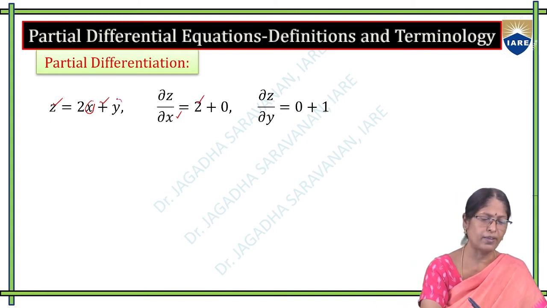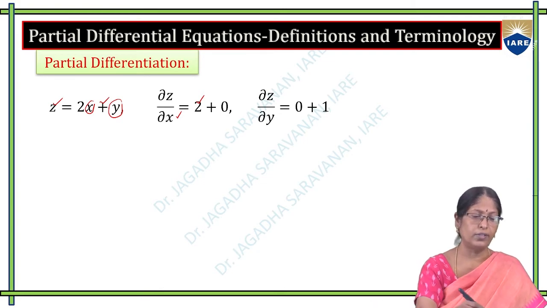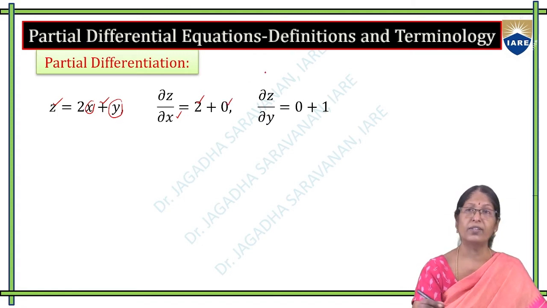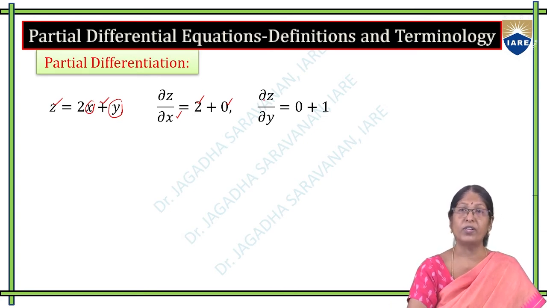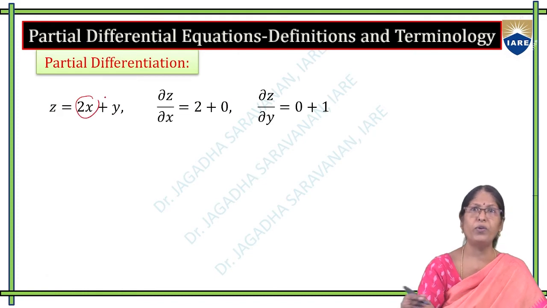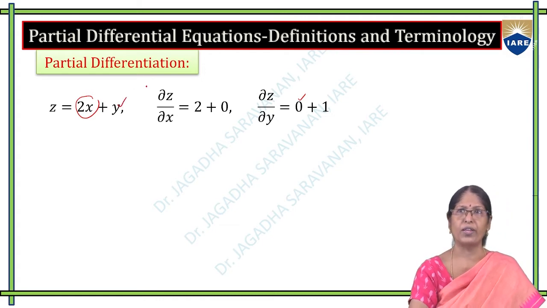The y completely we are going to neglect because it is another variable. We are not going to focus on this independent variable y, so it is treated as 0. The next one, the same treatment with respect to y we will give. Now when we are doing with respect to y, this is treated as 0. Now the y differentiation is 1.